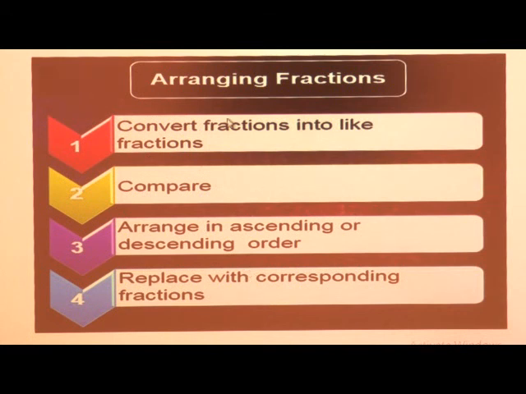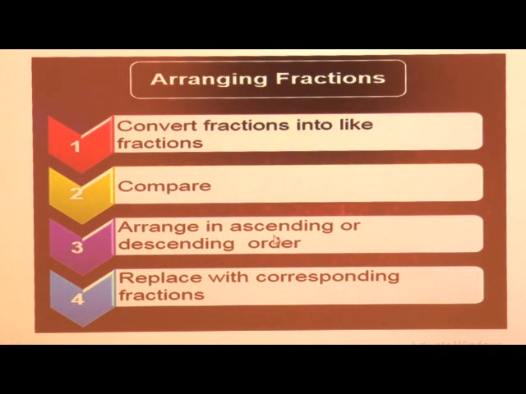In this way, arranging the fractions, the steps are: convert first fractions into like fractions. Again I will say what are the like fractions. When the denominators are same, they are known as like fractions. Then we have to do the compare. Just now we had seen that compare is nothing but greater than, smaller than, or equal. That we have to see by comparing the denominator or numerator.